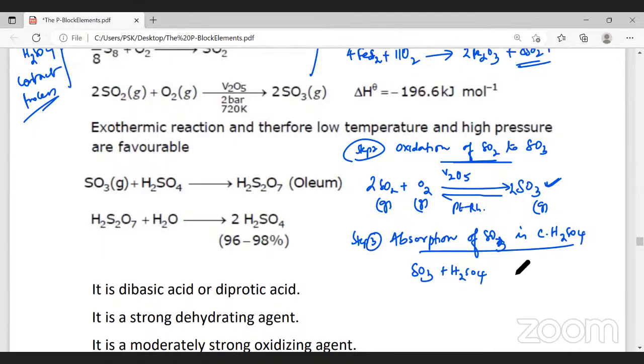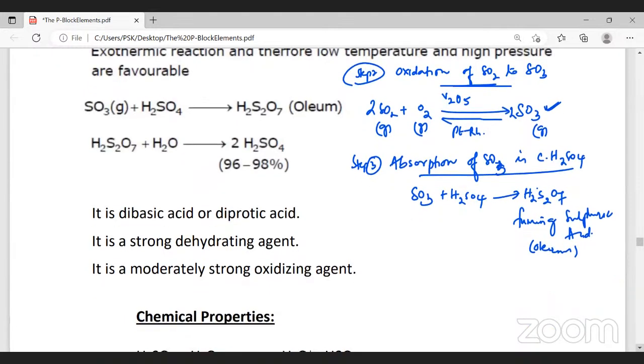This concentrated sulfuric acid absorbs the sulfur trioxide in the absorption tower to form fuming sulfuric acid, H2S2O7. This fuming sulfuric acid is commonly called oleum, O-L-E-U-M. H2S2O7 is the molecular formula of oleum.